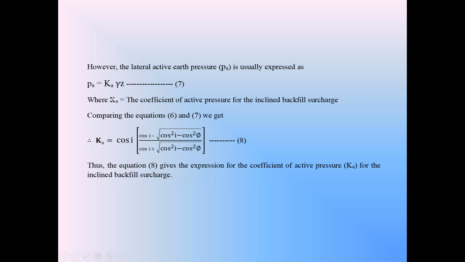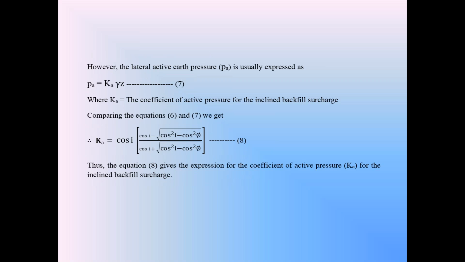So coming to the discussion, from this, PA by sigma V is this ratio, and PA is equal to, bringing sigma V to the right side, sigma V into this value. Already we calculated sigma V, the vertical stress on the element, as gamma z into cos i. Bring this gamma into z to the left hand side, and you can write the right hand side as Ka into gamma z.